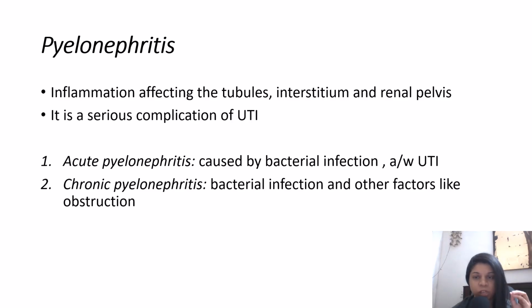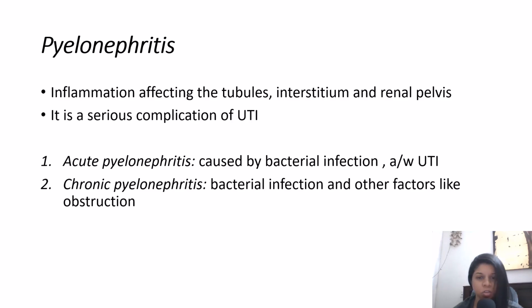Okay. So when the inflammation is affecting the renal pelvis, it will get tracked onto the tubules and interstitium. So pyelonephritis is the inflammation of the renal pelvis, tubules and interstitium, and it is a serious complication of UTI. As with most diseases, it has an acute version and a chronic version.